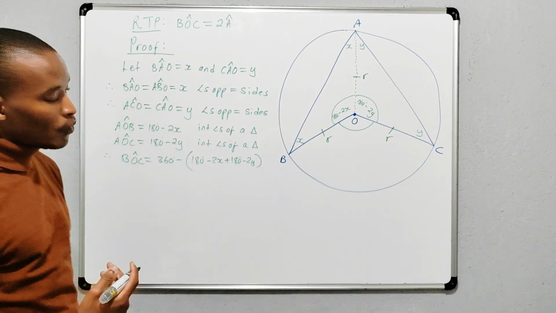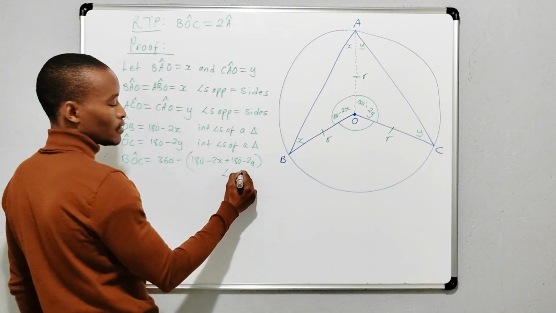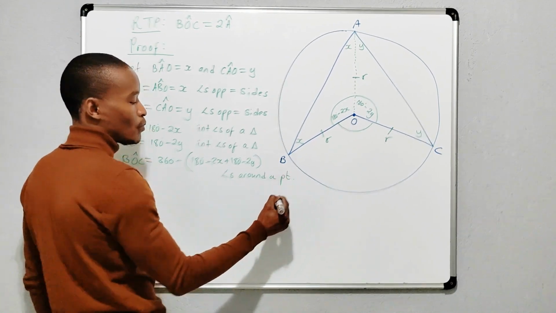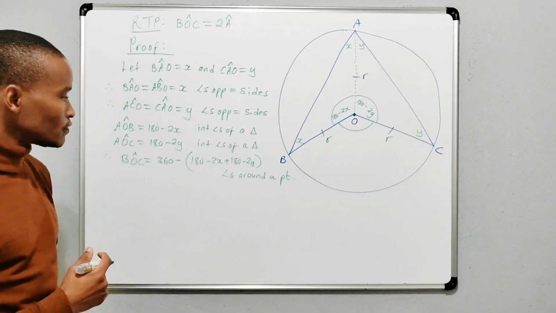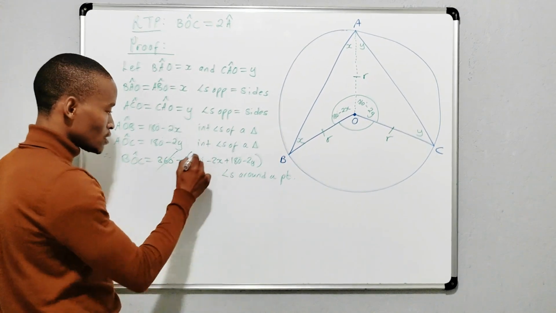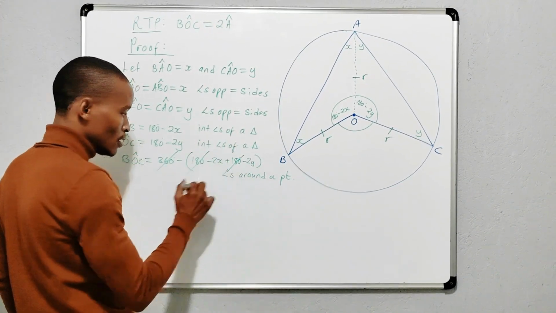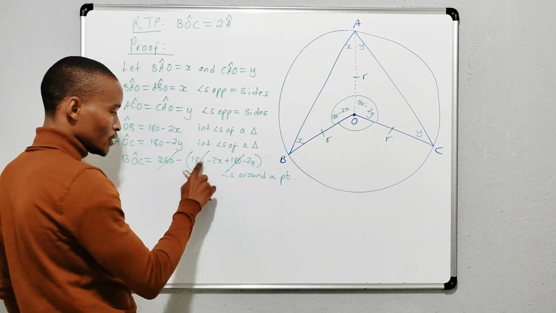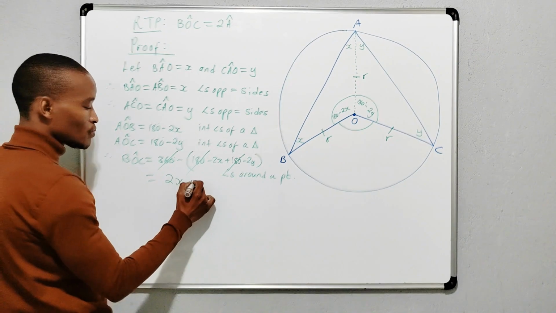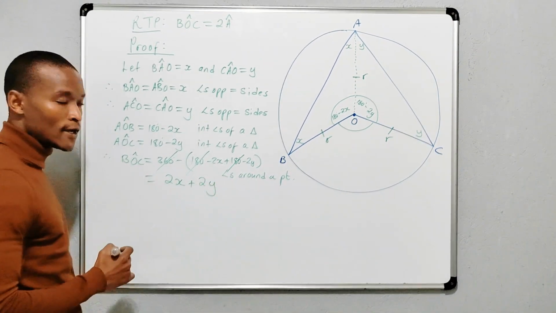Yes? By what? Angles around a point. We can just say a revolution. Now, obviously, this, guys, will fall away, and the distribution of the negative sign will give you 2x plus 2y.